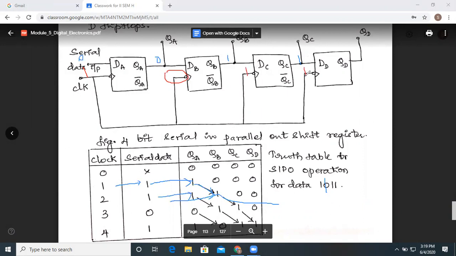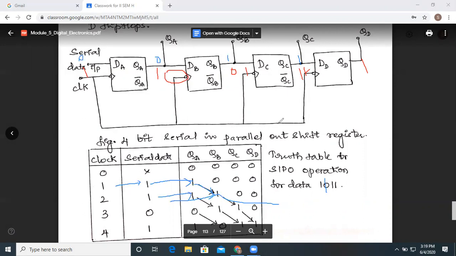When we apply 1 clock pulse, the 1 that is available will come out of this, this 0 will come out of this, this 1 will come out of this, and this 1 will come out of this. Thereby we have the data 1, 0, 1, 1.